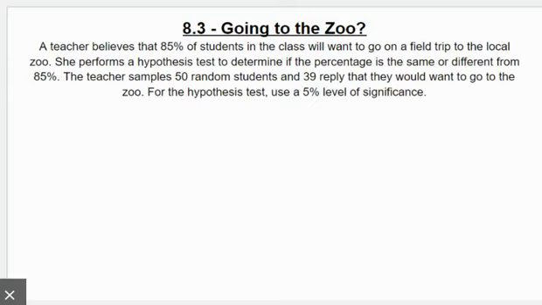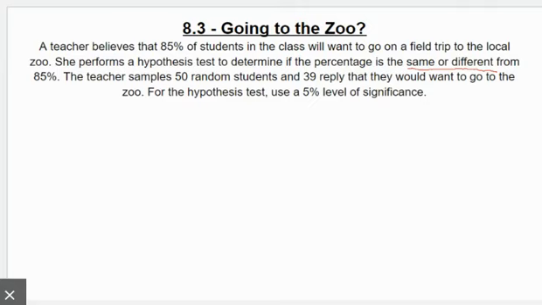Here is our example. A teacher believes that 85% of the students in her class will want to go on a field trip to the local zoo. She performs a hypothesis test to determine if the percentage is the same or different from 85%.